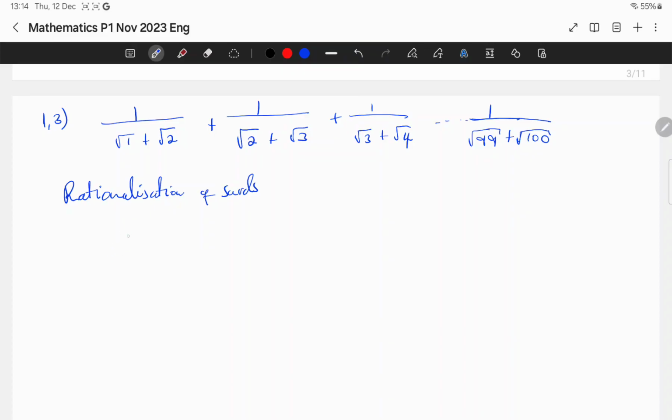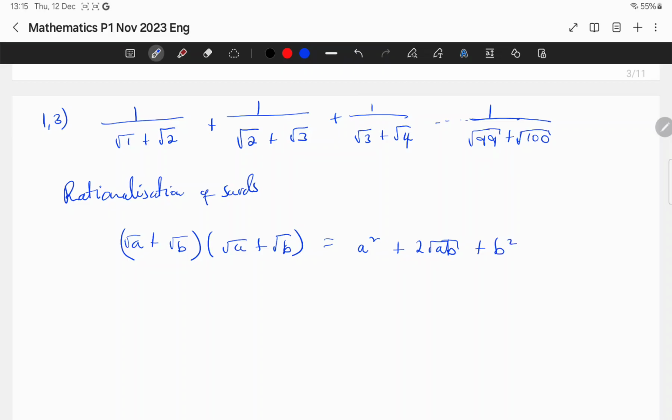What I mean by that is if you have root a plus root b, and you multiply that by another root a plus root b, what you're going to get is a squared plus 2 root ab plus b squared.